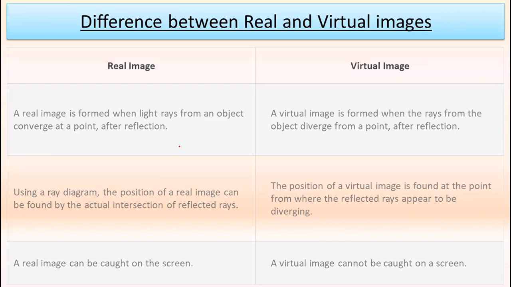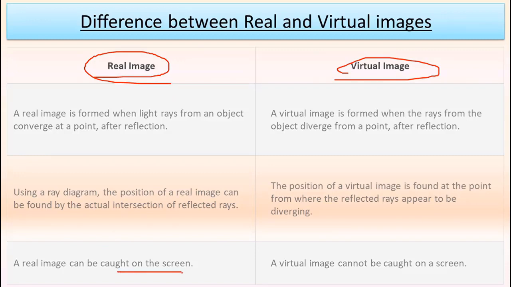We will understand about these things in the next video. The image obtained by a plane mirror is a virtual image, whereas the image we obtain by a spherical mirror, specifically a concave mirror, is a real image. Real images can be obtained on a screen, whereas virtual images can't be obtained on a screen.